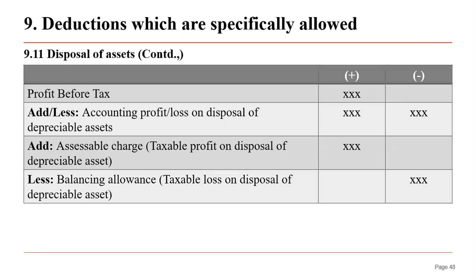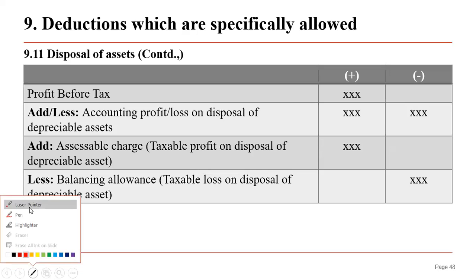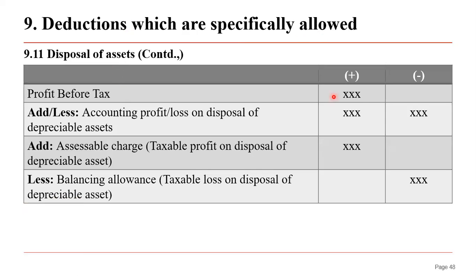This is also important. How we include it in the plus minus is: the profit before tax. Yes, you are aware we need to mention profit here. If it is a loss, we need to mention it here. Then accounting profit or loss on disposal of depreciable asset.